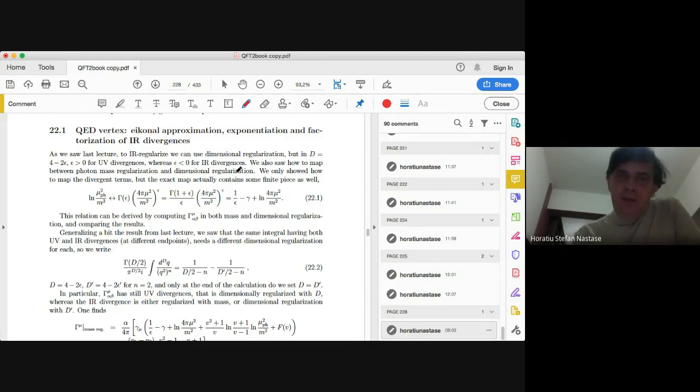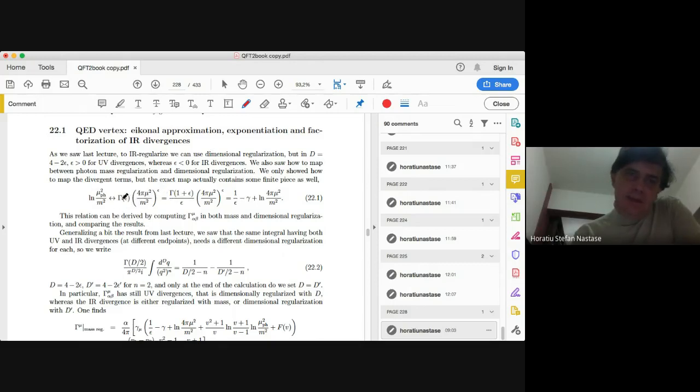However, the map is rather more precise. So precisely, the map corresponds to this transformation, between log of mu photon squared over mass squared and gamma of epsilon times 4 pi mu squared over m squared to the epsilon. So let's expand this right-hand side.